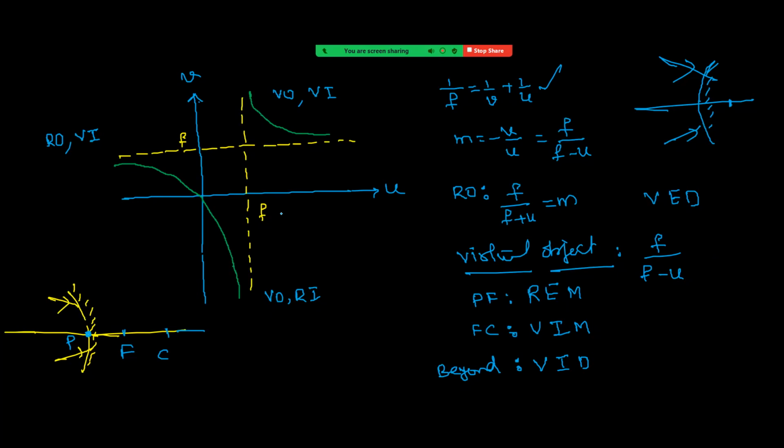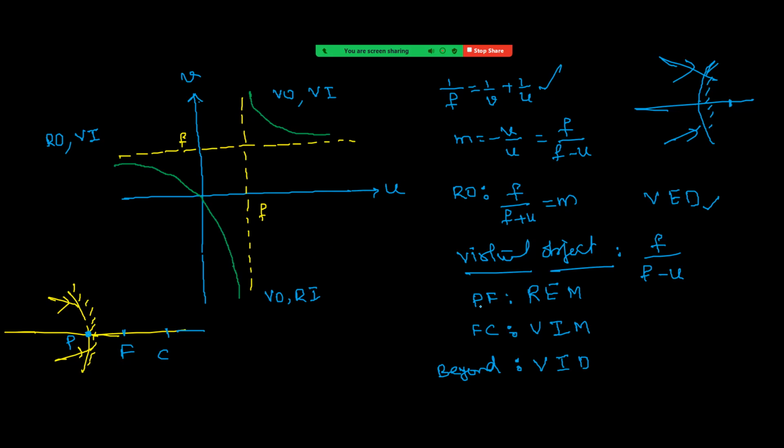And you can see here, fourth quadrant. What do we have? u positive, v negative. Get the point. u positive, virtual object. v negative, real image. Right? So these are the possibilities. For real object, only one possibility: virtual, erect, diminished one.